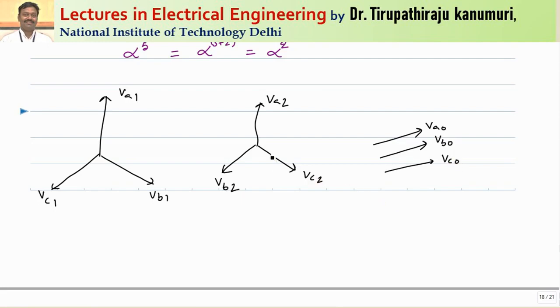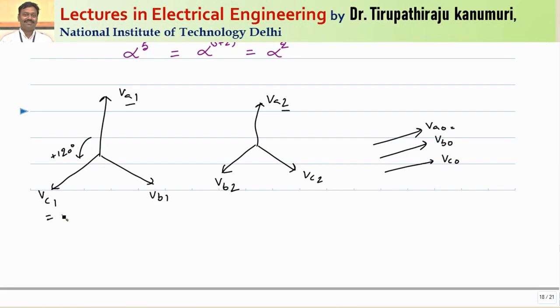So now we will try to calculate these. I am taking VA1, VA2 and VA0 as my reference and calculating the remaining components using the vector operator alpha. If you want to go to VC1, how can I get this? Multiply VA1 with alpha. That means it is proceeding by 120 degrees, a plus 120 degrees difference.